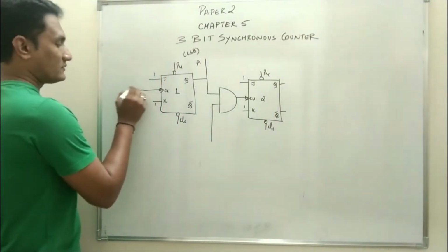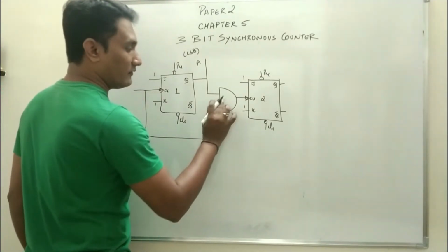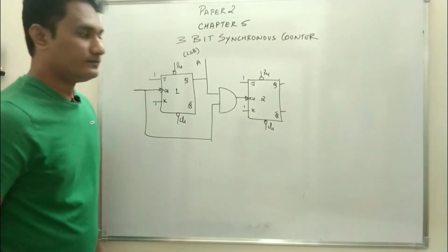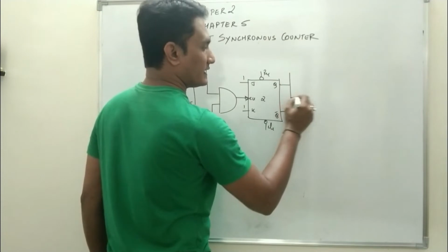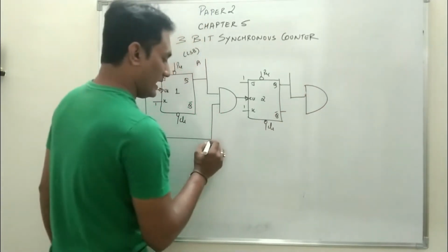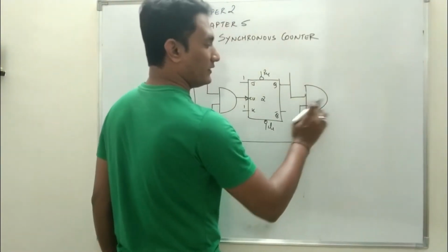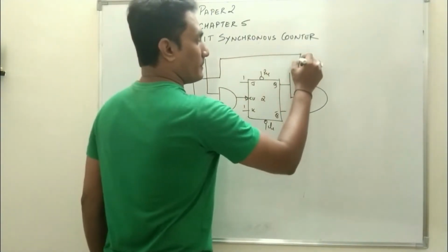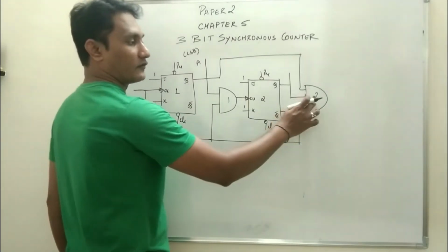Now the clock pulse which is given to the first flip-flop, the same clock pulse will be available through an AND gate to flip-flop 2. Similarly, in the second step, the second flip-flop's output is connected to an AND gate, and the clock pulse which is given to the first and the second flip-flop will be available for the third also. But for the third, it will come from AND gate 2.